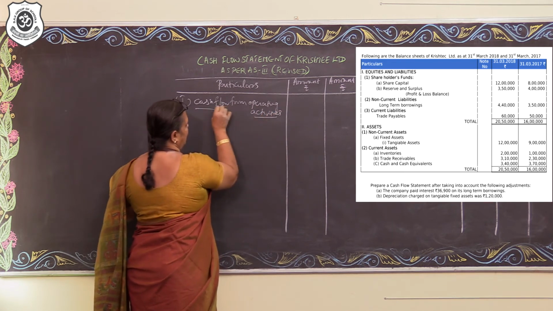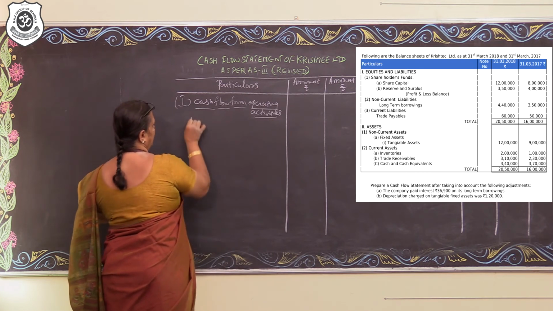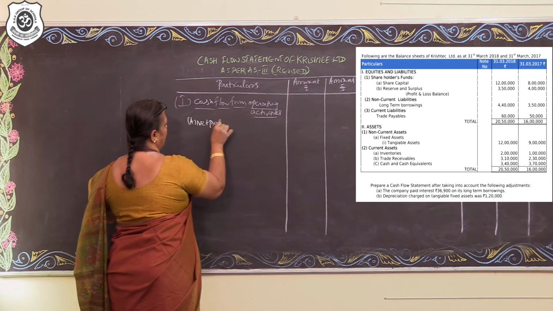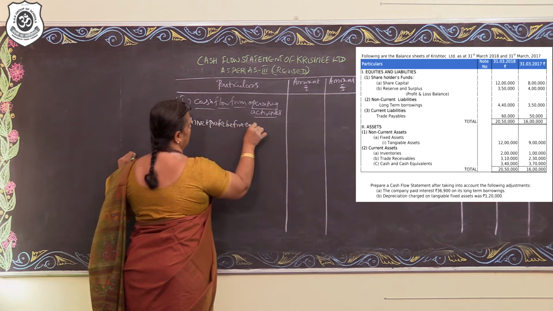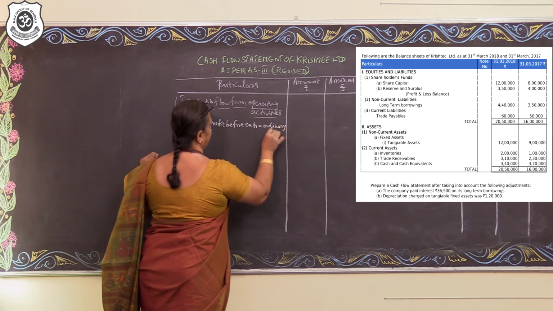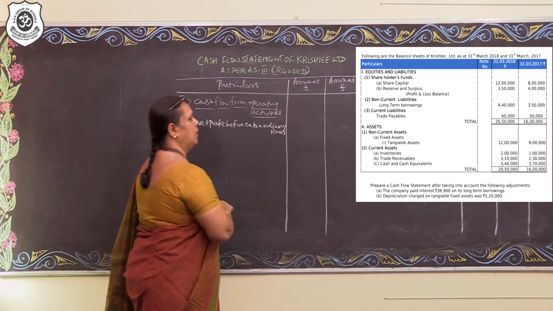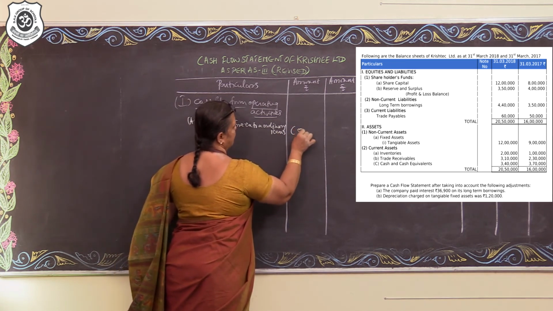We are going to calculate cash flow from operating activities. We have with us net profit before extraordinary items. We had a loss of 50,000 rupees.